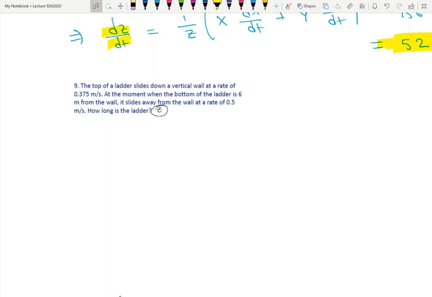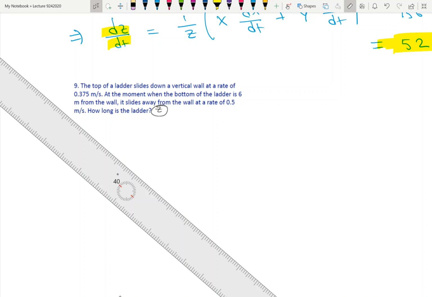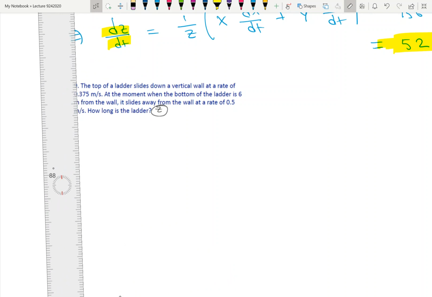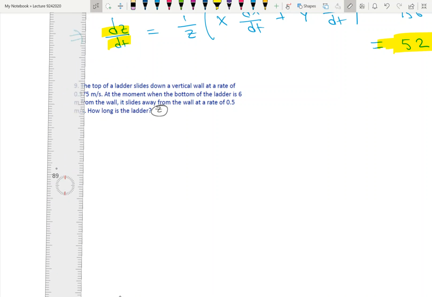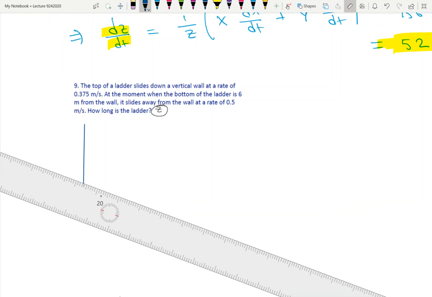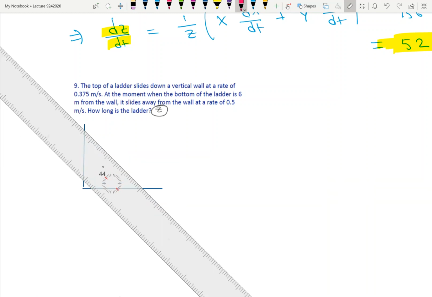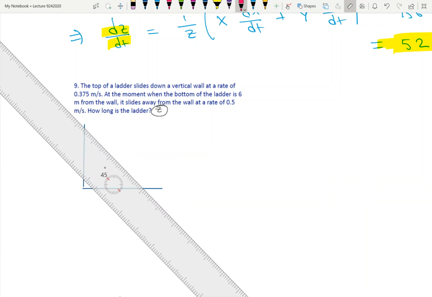So we can draw a graph like this. Suppose we have a vertical wall and this is the ground. And there is a ladder. Suppose this one is the ladder.